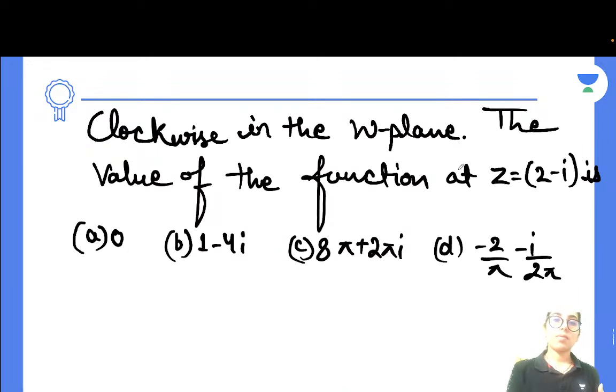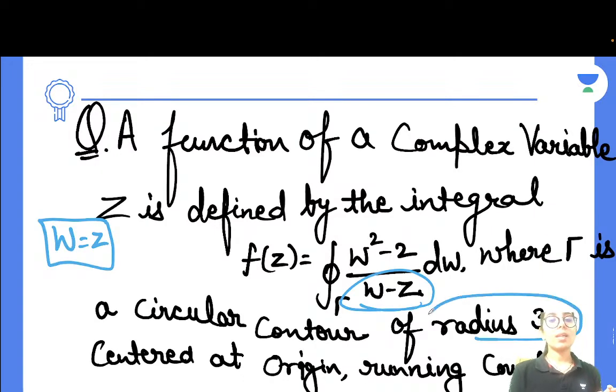And what about the z value? That's going to be the square root of 2 square plus 1 square, which gives the square root of 5, which is 2 point something. But the radius is 3, so that pole is still within the contour.